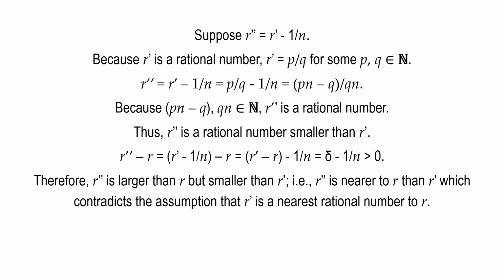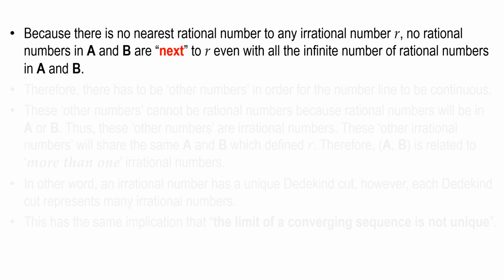That is, R double prime is nearer than R prime, which contradicts the assumption that R prime is the nearest rational number to R. The above can be done for R prime in A, that is, R prime is smaller than R. Because there is no nearest rational number to any irrational number R, no rational numbers in A and B are next to R, even with all the infinite number of rational numbers in A and B.